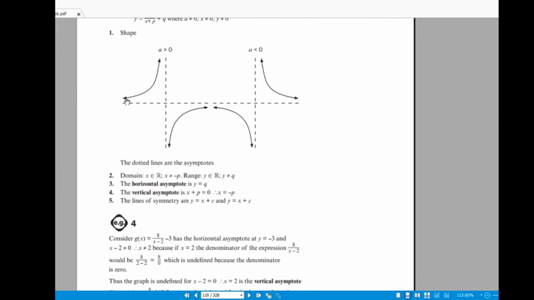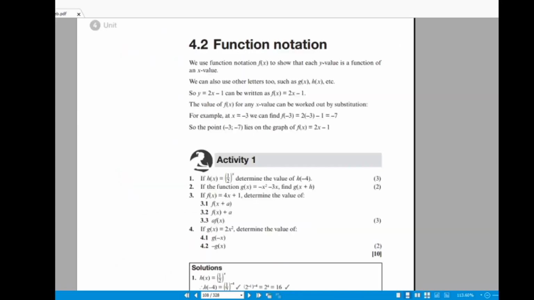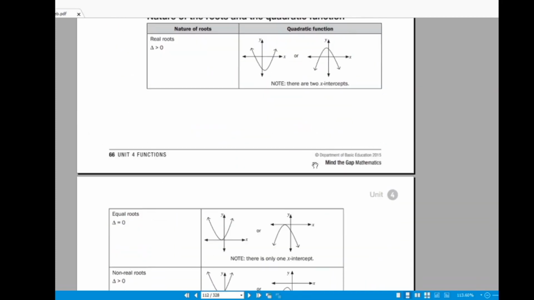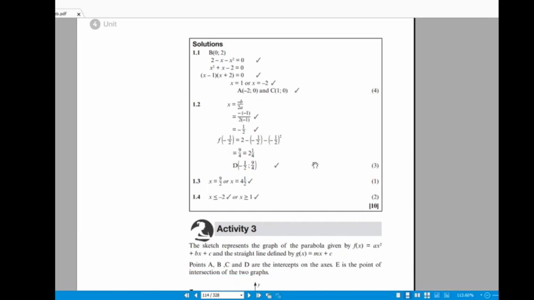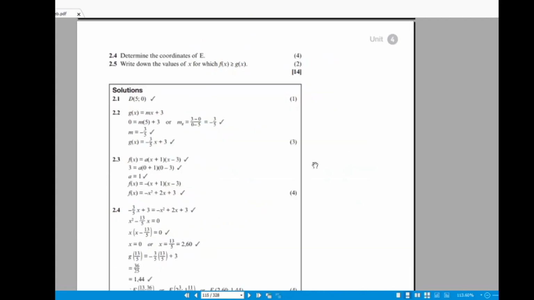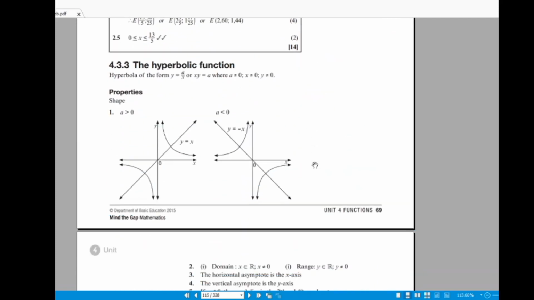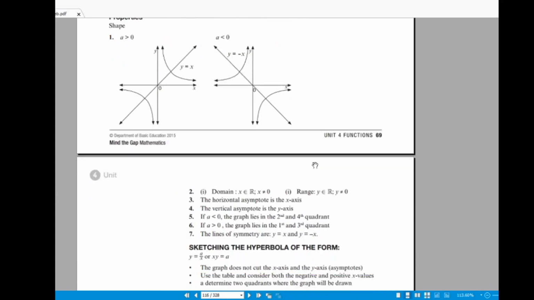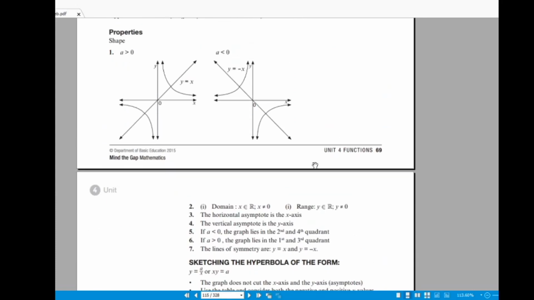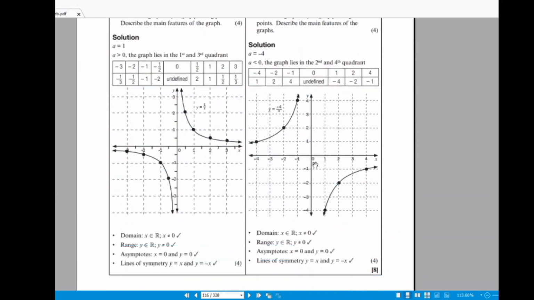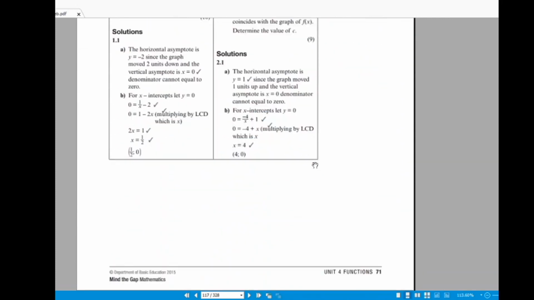We already spoke about the shape. If a is positive, we said our graph will lie in the first and the third quadrant, and if a is negative, it will lie in the second and the fourth, right?